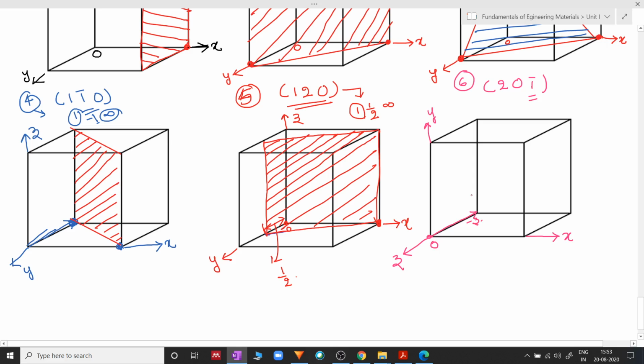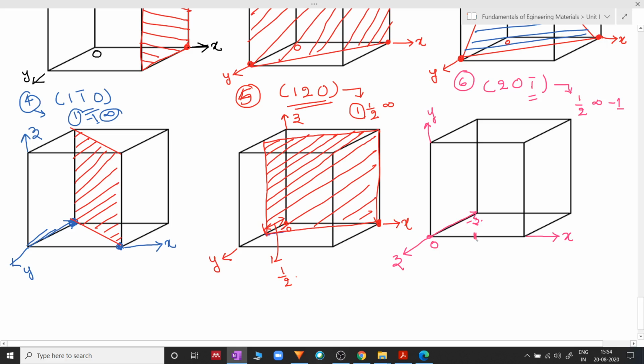Okay. Now, how to represent this 2 0 1 bar plane? So, what are the intercepts? Intercepts are 1 by 2, infinite, and -1. Okay. So, 1 by 2 on x-axis means from 0 to here, this is the 1 by 2, half of the unit.